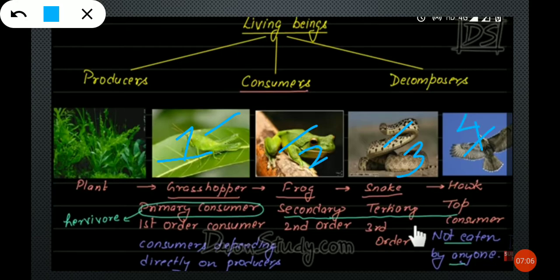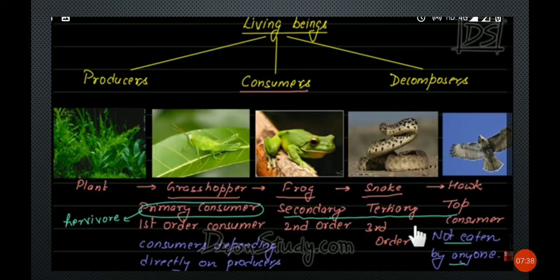Grasshopper is a primary consumer, frog is secondary, and snake is tertiary. And the hawk, that is the final one, the top consumer. So these are given names as primary, secondary, tertiary, and top consumers. Very good.